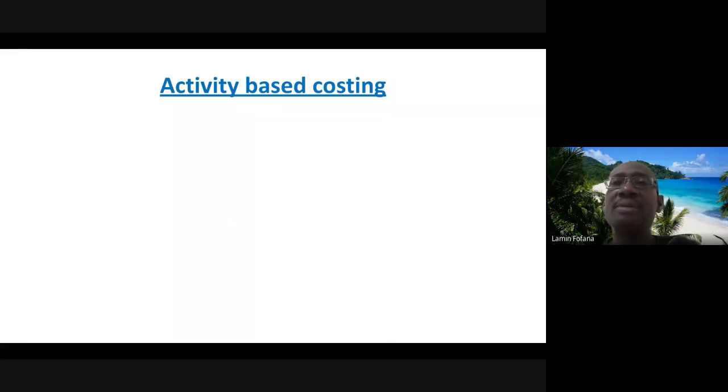After doing the assignment, I'm sure you realize that the answers overall are very similar. The first part was definitely more difficult because it asks you to calculate OARs, overhead absorption rates, for the two departments.